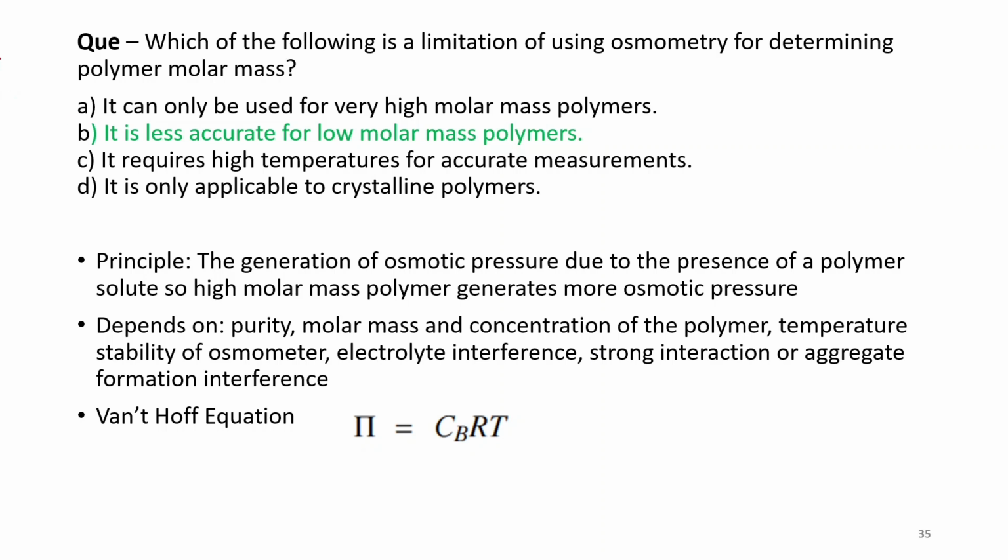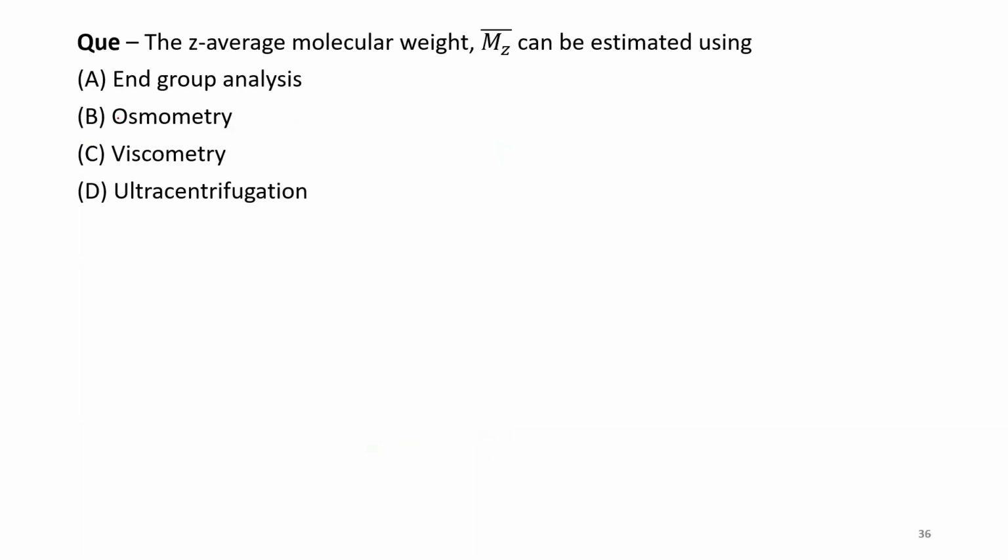It follows the Van 't Hoff equation, which relates osmotic pressure to the molar mass, the concentration of the polymer, and the temperature. So option B is correct because low molar mass polymers give less accurate values from osmometry.